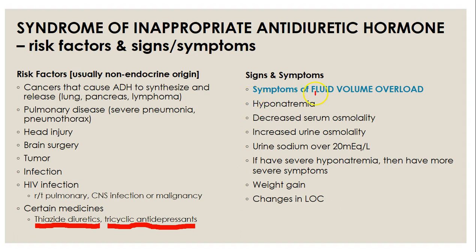Obviously, signs and symptoms would be of fluid volume overload, hyponatremia, an increase in your urine sodium, which is different from the decrease in your serum sodium levels. Obviously, weight gain and change of level of consciousness.